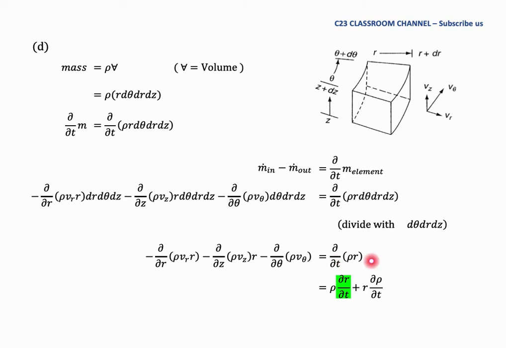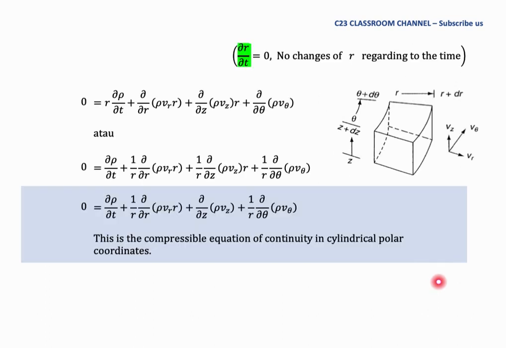And then for the right hand side equation, del t rho r here, we could expand the equation, become rho del r over del t plus r del rho over del t. So here the value of del r over del t is equal to 0. It is because the meaning of del r over del t is the changes of radius regarding to the time.